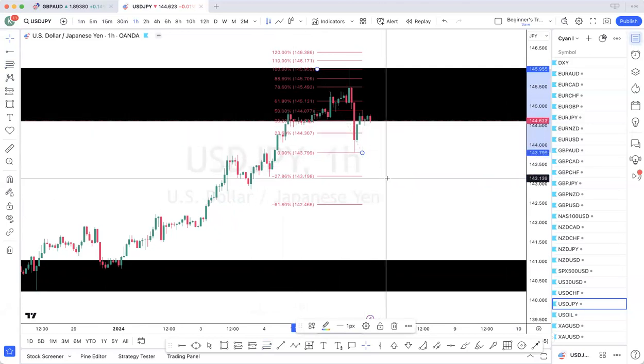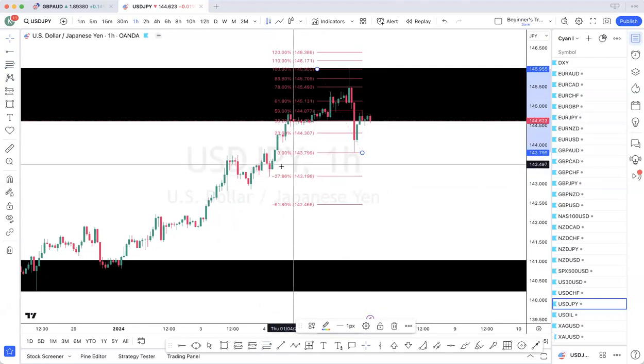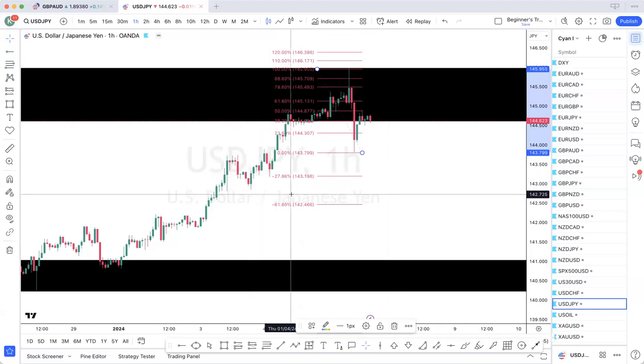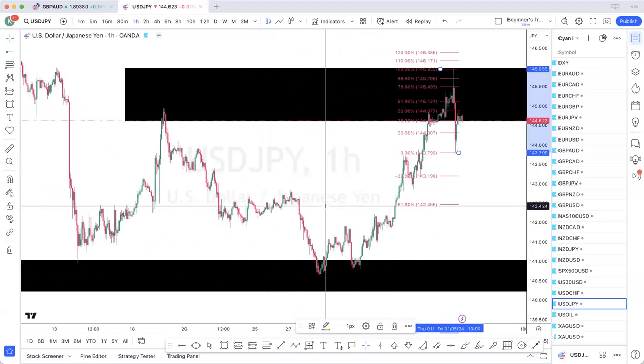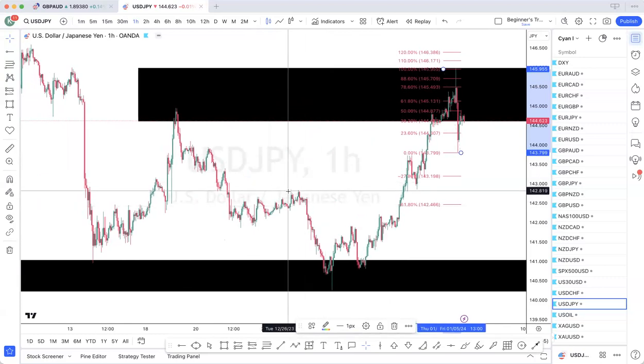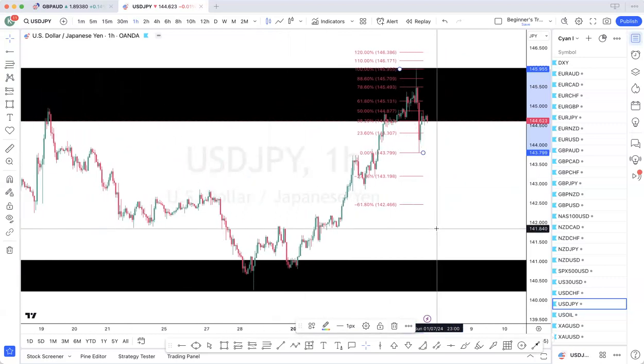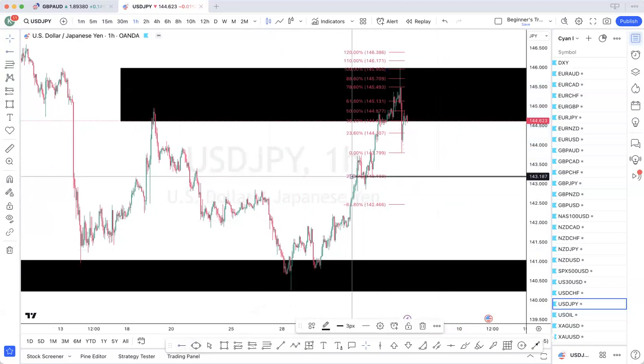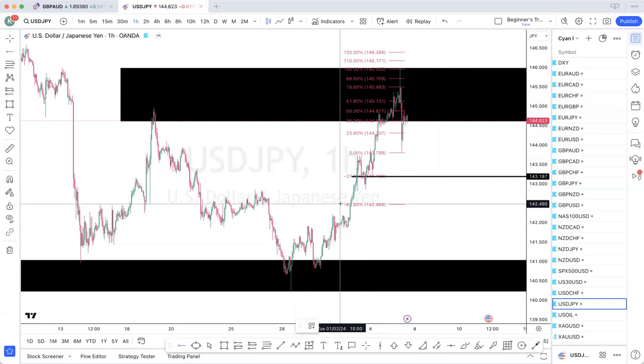So price may continue going down to the negative 27, which is an order block, and then another order block here. It might continue down to the 618. So I'm going to put the negative 27 here, and I'm going to put the 618 here.